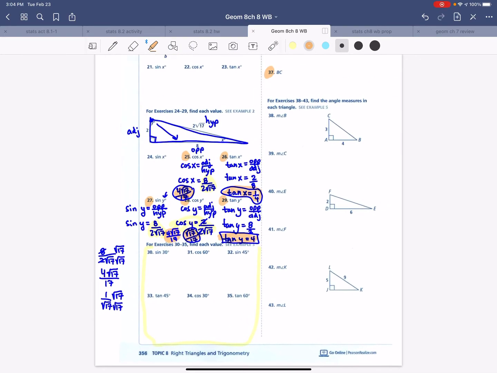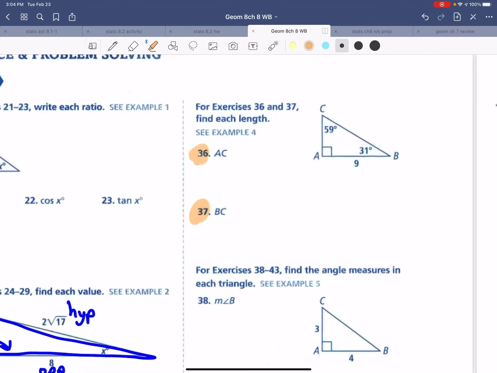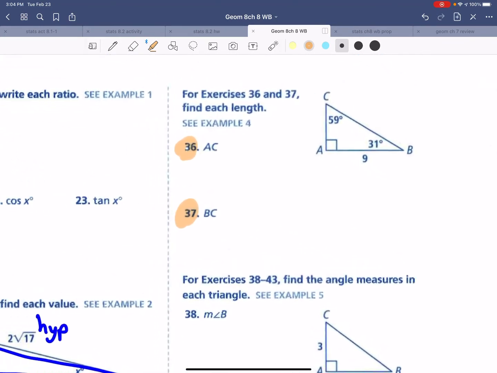Cool. All right. Plugging right along, our homework extends to question number 36 and 37. So we have a right triangle, and they've asked me to solve for AC. So I'm going to call that X. Let's solve for X. And I don't know what the reference angle is.